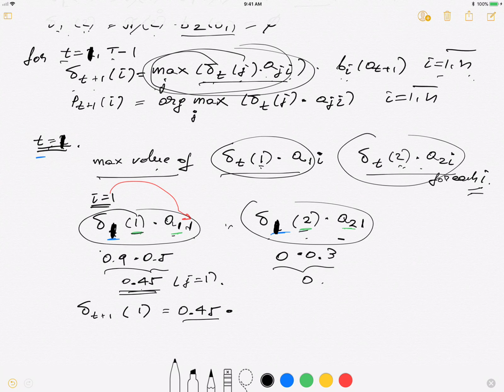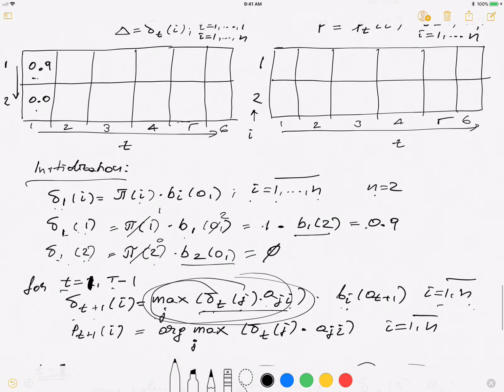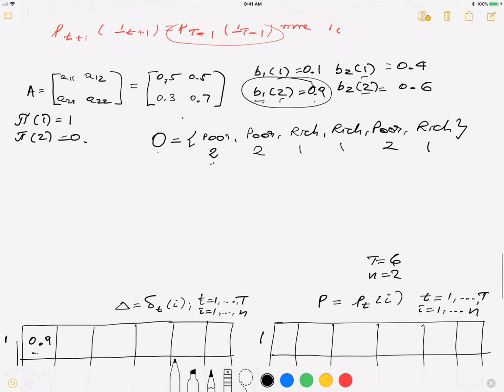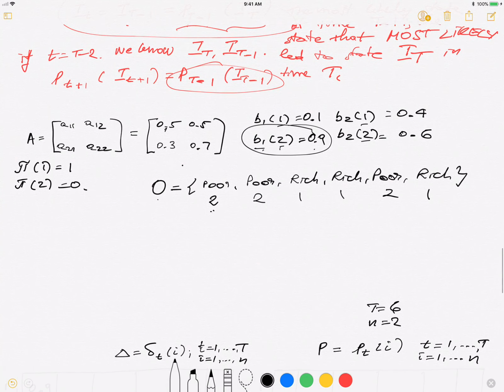This maximum value is 0.45 times b i of o t plus 1, which is, i is 1, b1 of o2. What is b1 of o2? o2 is again 2. b1 of 2 is 0.9.